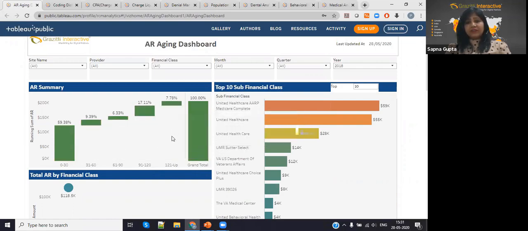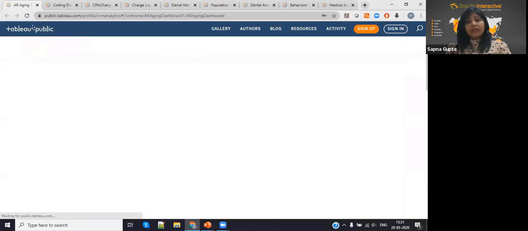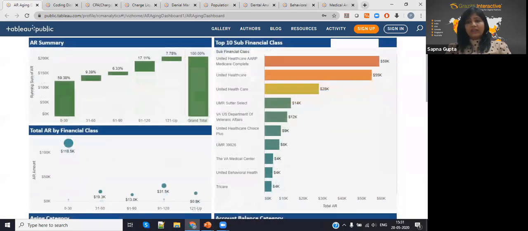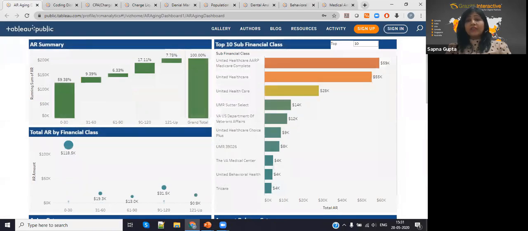In addition to this, you can also view insurance payment timelines for various payers. Furthermore, it shows you the insurance company's backlog and expected delay in the payments. On the right-hand side chart, you can view the list of top 10 financial classes for each slot.